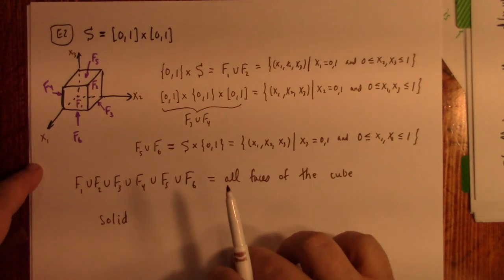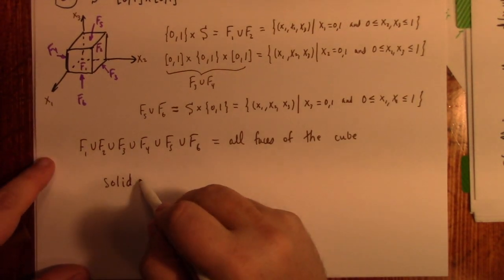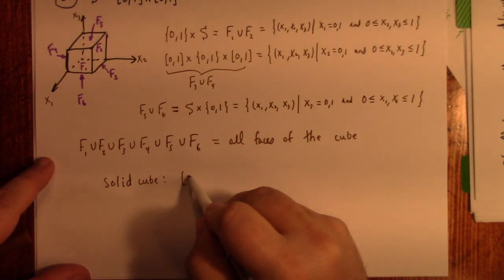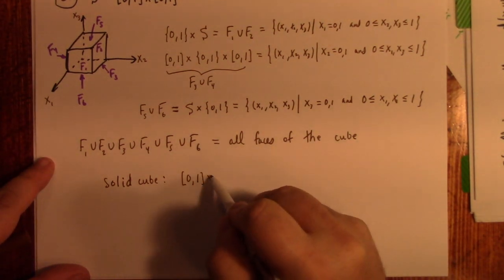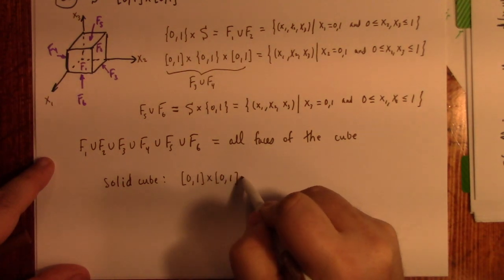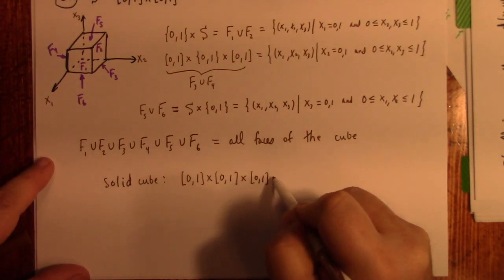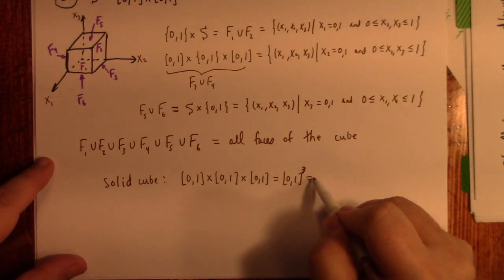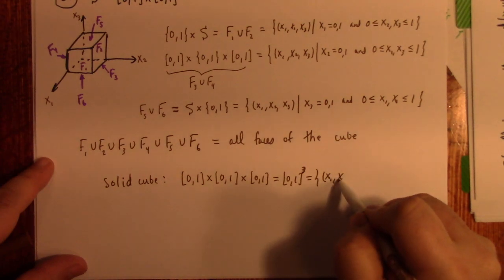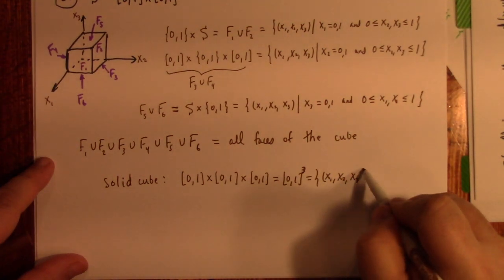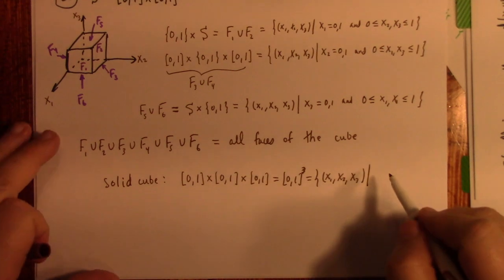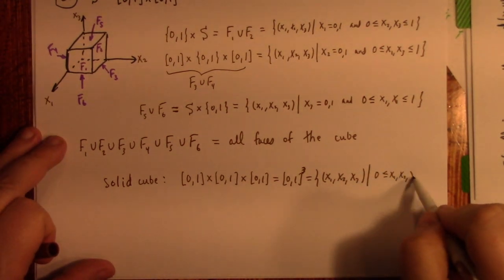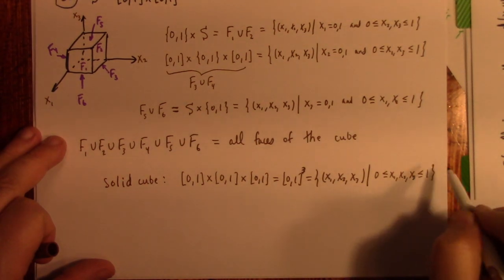What's the solid cube? That's easier, right? So the solid cube, we can just do 0, 1 Cartesian product 0, 1 Cartesian product 0, 1, or if you like, that is the Cartesian product of 0, 1 cubed, to the 3. And what that is, is x1, x2, x3 such that 0 is less than or equal to x1, x2, and x3, less than or equal to 1.